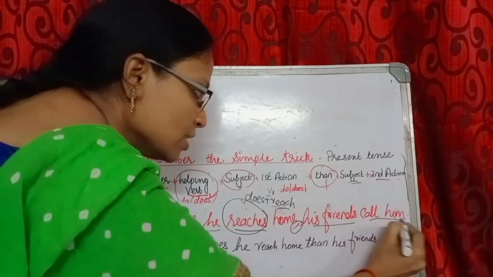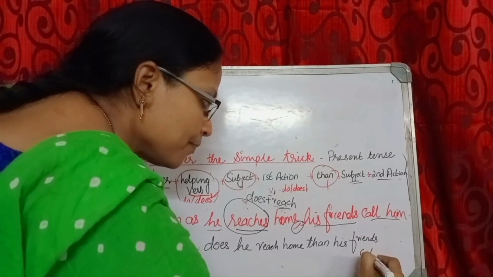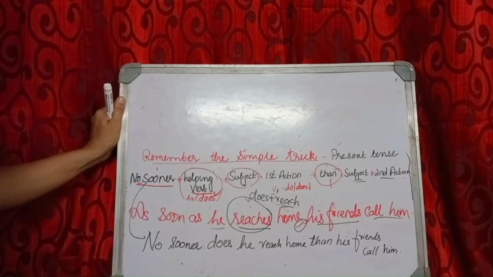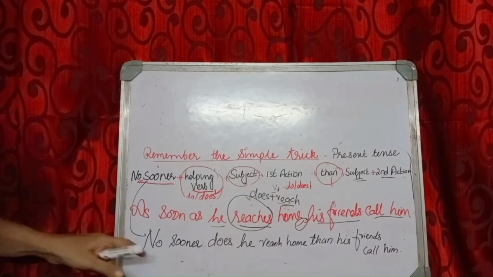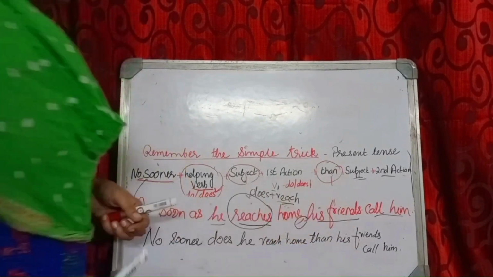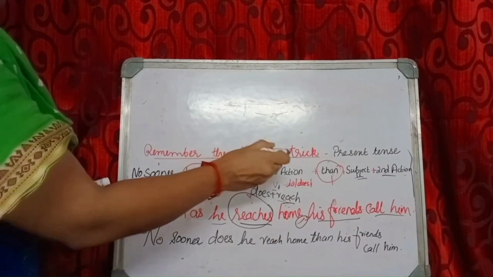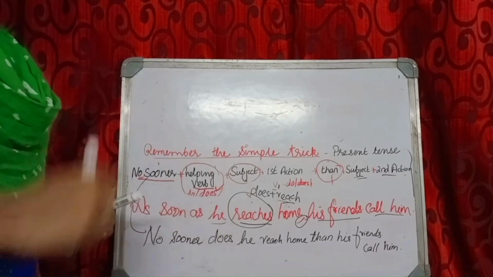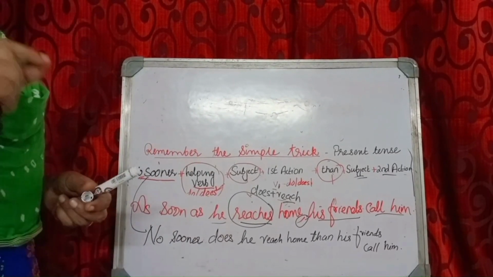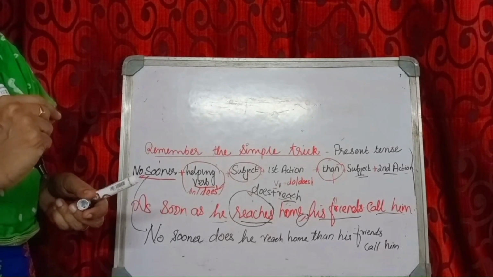The second action is call him. In this way you are supposed to write: no sooner does he reach home than his friends call him. So this trick or formula or technique is used only when the question is in simple present tense.